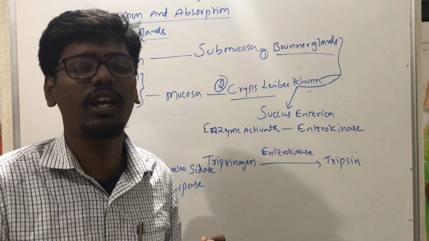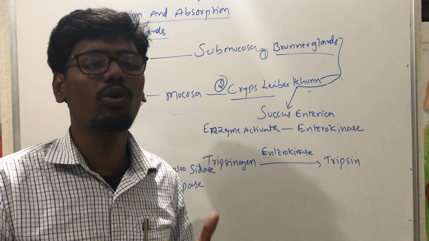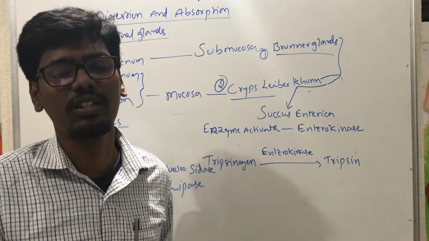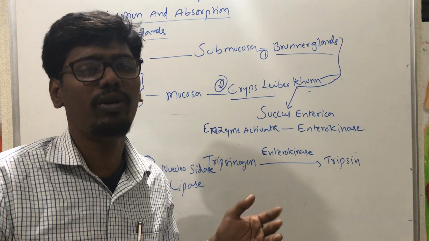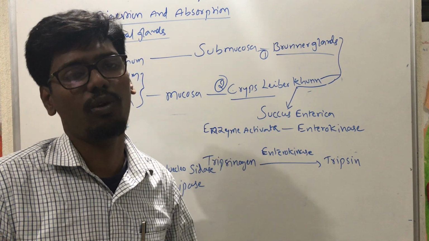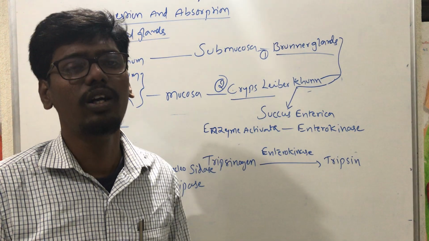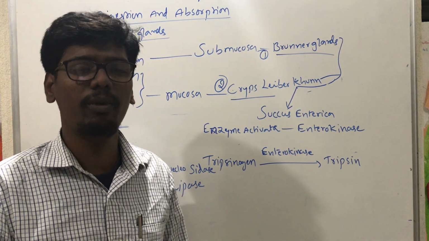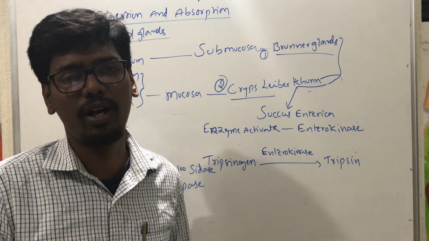Emulsification means coating the fats, meaning the bile juice will coat the fats. Then finally the lipase enzyme will work. Next, the second one is carbohydrate metabolism. Carbohydrate metabolism has three things.